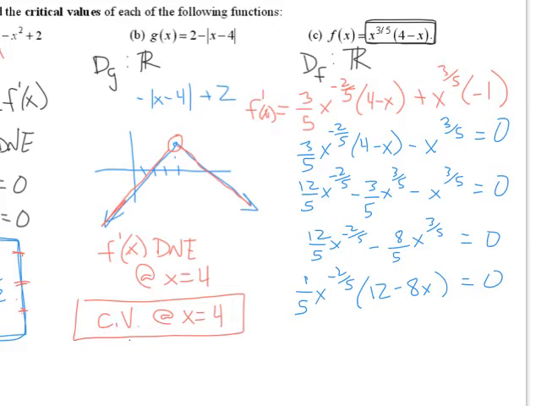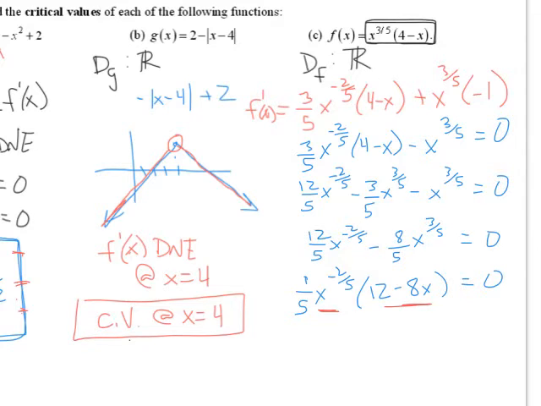Okay, so we distributed the negative, and then we distributed the 3/5 in, and then we combined our like terms. And then this last step is kind of the tricky one. We factored out the least power, and from there we are able to use the zero product property.